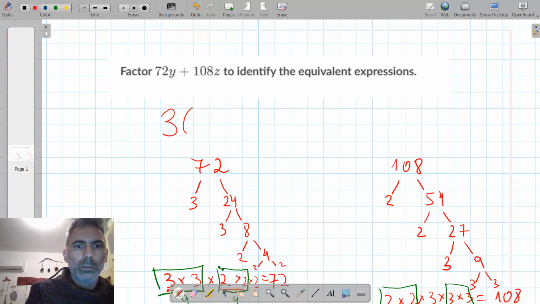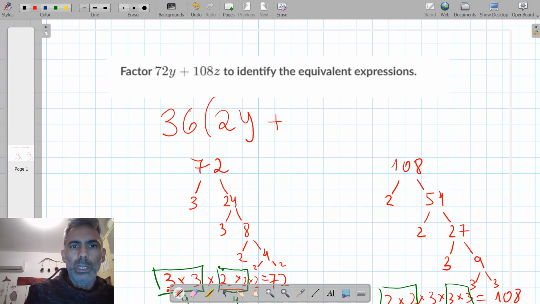So to factor out, I put the 36 outside the parentheses, and 72 divided by 36 is 2. So inside the parentheses we have 2y, so this becomes 72y plus 108 divided by 36, so I guess it is 3, because 36 times 2 is 72. Add 30, you go to 102, add 6 more, you go to 108.